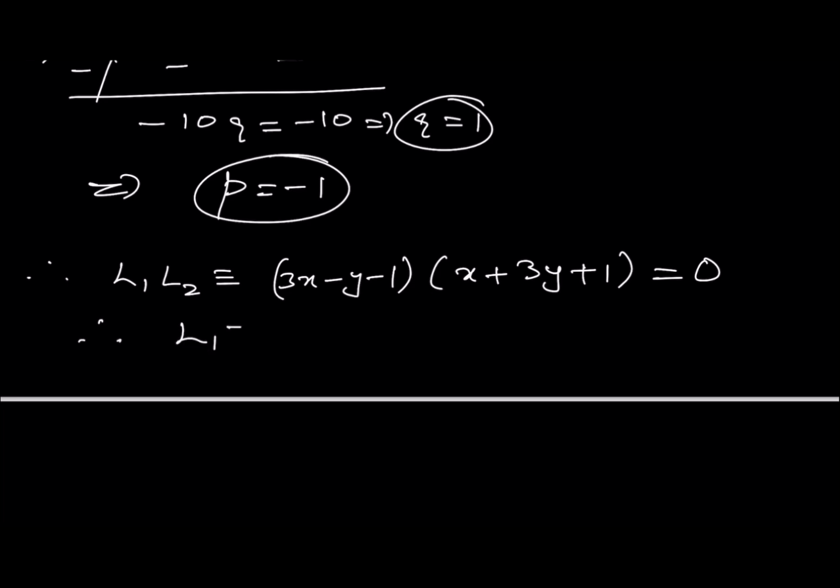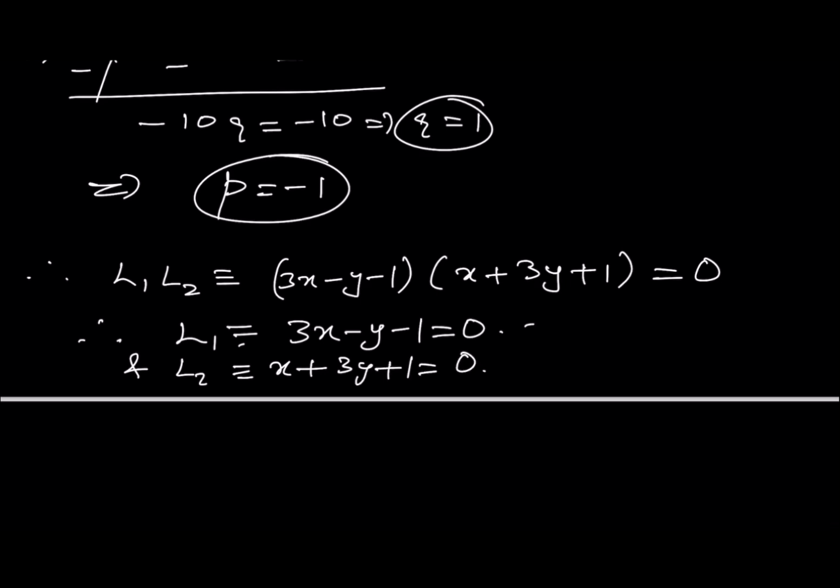Therefore L1 individually is 3x minus y minus 1 is equal to 0, and L2 is x plus 3y plus 1 is equal to 0. So in this way we can find L1 and L2 in a separated mode.